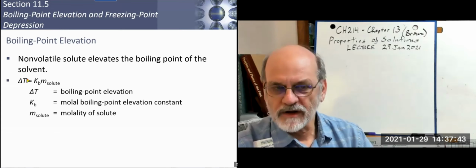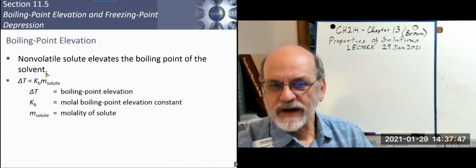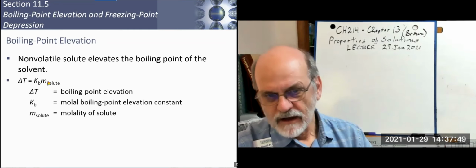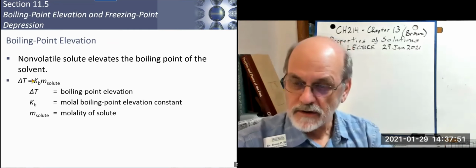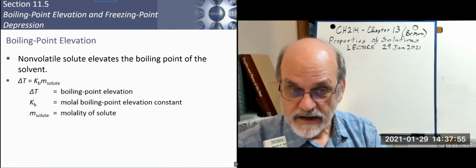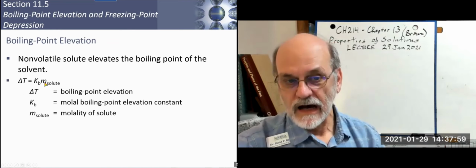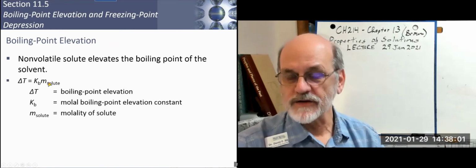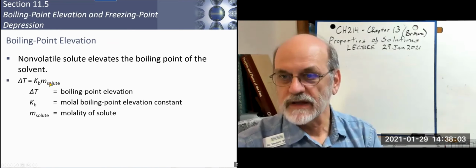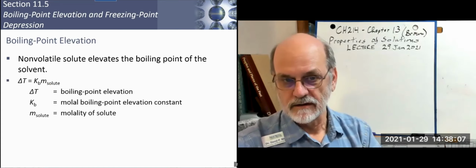So this is the formula that we use for boiling point elevation. Right? The elevation in temperature at which the solution will boil is this delta T. This is the molal concentration of the solute, so many moles of the solute per kilogram of the solvent.